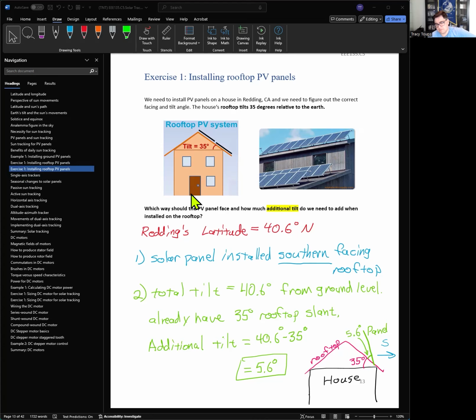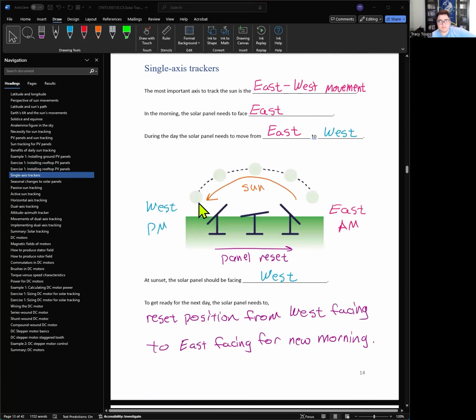All right. So let's start talking about tracking with the variations of the sun from day to day and other things. Single axis tracking means we only track one axis of movement. The most important movement is the east to west movement. It happens daily, and if you track east to west, you're going to get the most benefit out of anything else.